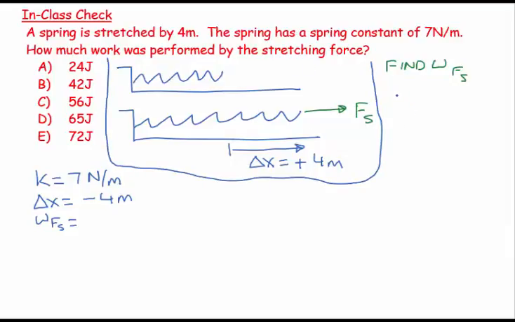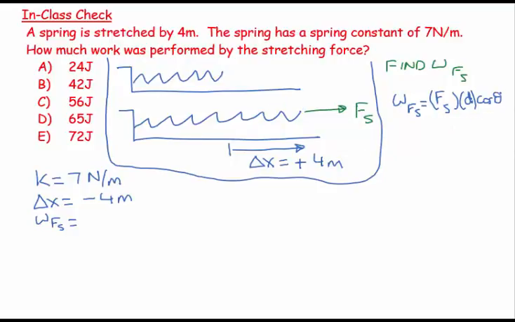Let's just say the work done by my stretching force is equal to the stretching force times the displacement that my stretching force moves through times the cosine of the angle between. And my stretching force is in the same direction as my displacement. So my displacement is there.